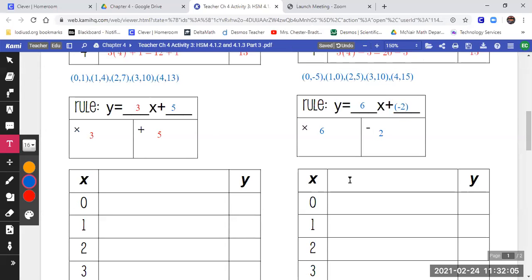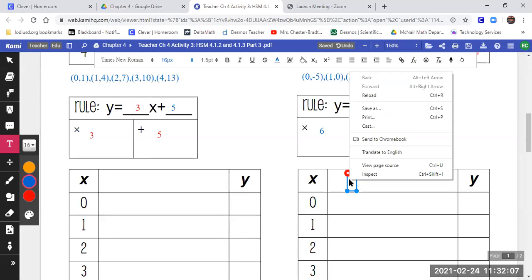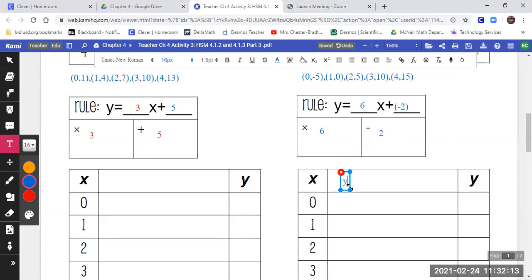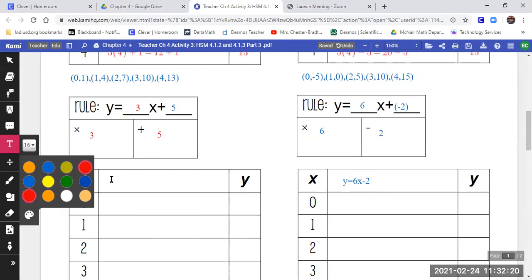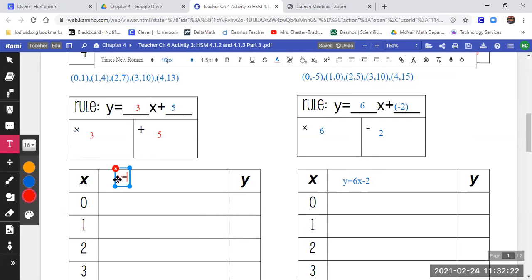So that means my rule for this one, y equals 6x minus 2. Let's try and get that right. Y equals 6x minus 2. And for this one, y equals 3x plus 5. Okay, are we clear? Do we got it?